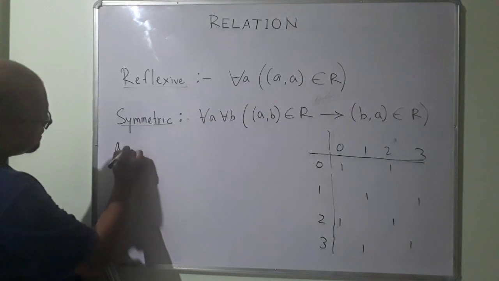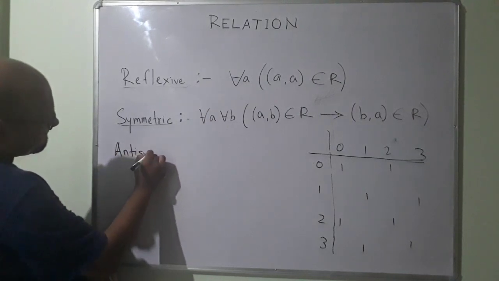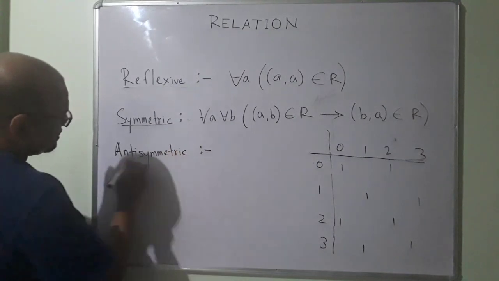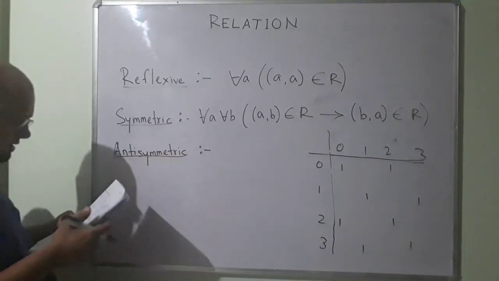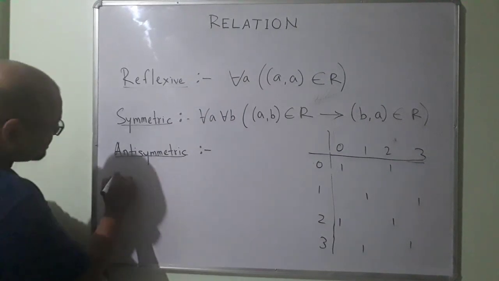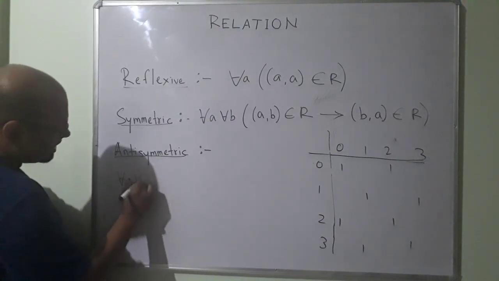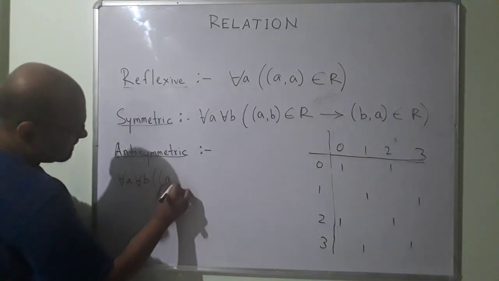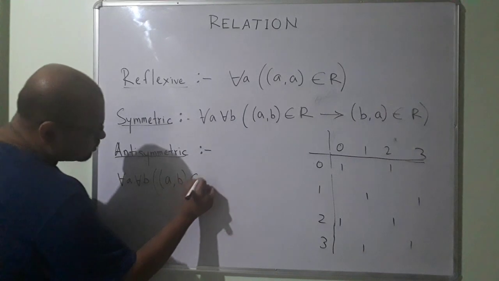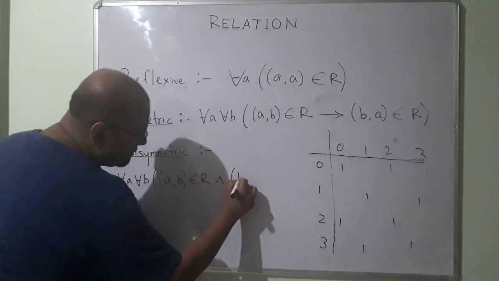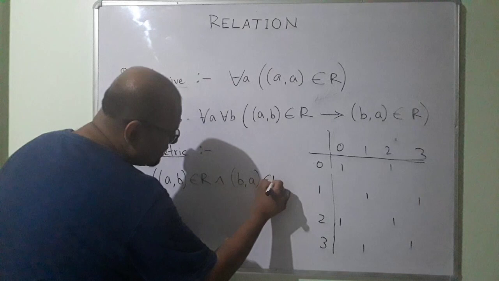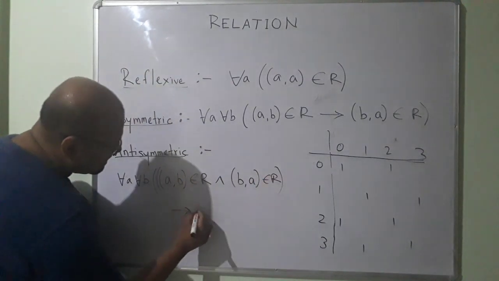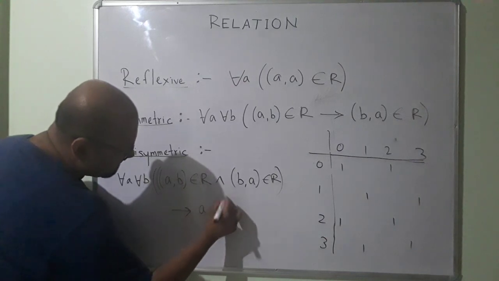Next is antisymmetric. Let me define it first. For all a and for all b, if (a, b) belongs to R and (b, a) belongs to R, then it implies that a is equal to b.